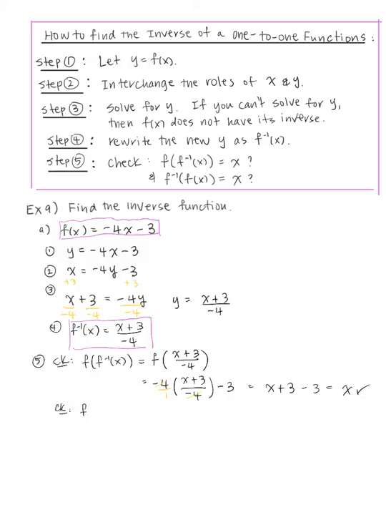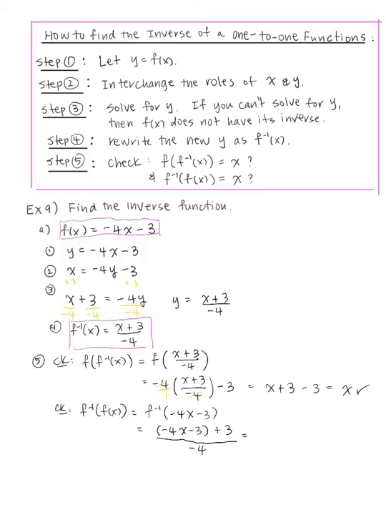Now let's look at the other way. Check: f inverse of f of x. So f inverse of f of x, where f of x is negative 4x minus 3. Let's look at f inverse of x, and replace its x with what's in the parentheses. So here what we're going to get is negative 4x minus 3, then plus 3, whole thing divided by negative 4.